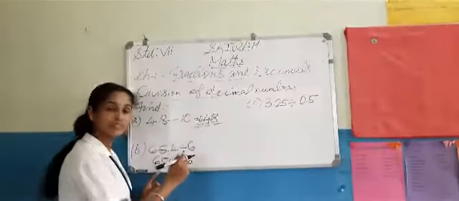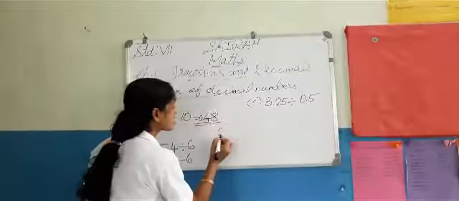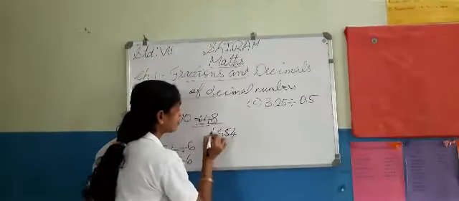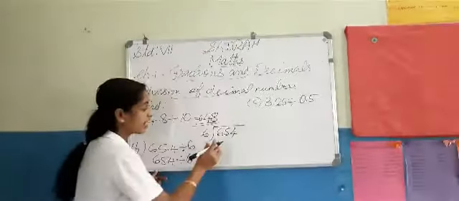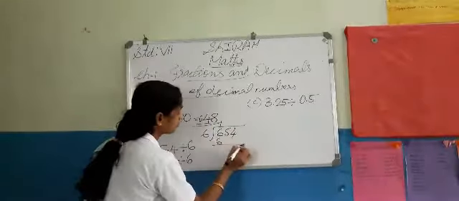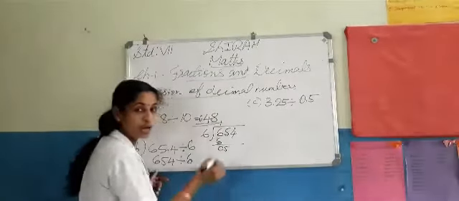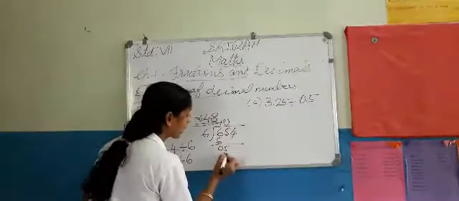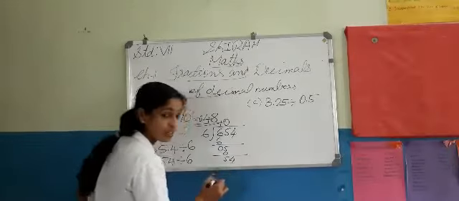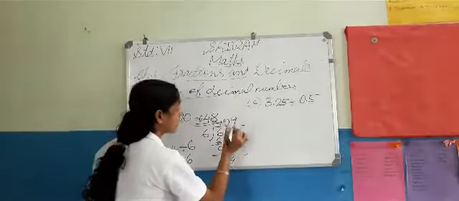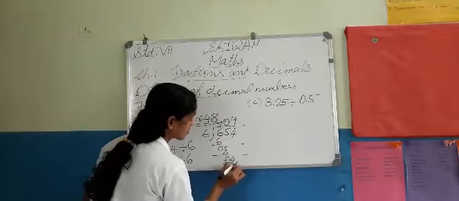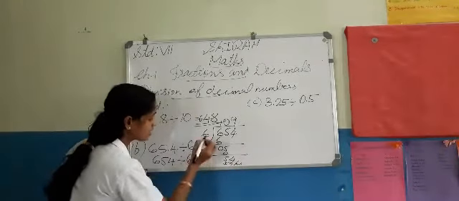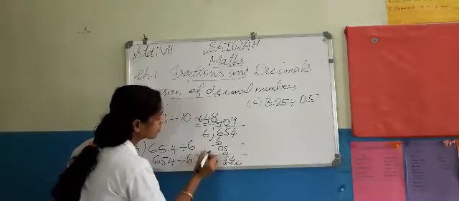Okay, then divide 654 by 6. In 6 one time, 0, then 5, in 5 0 times, then 54, in 54, 9 times. Then here we get the quotient as 109.